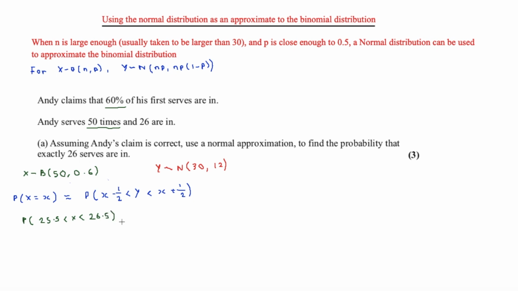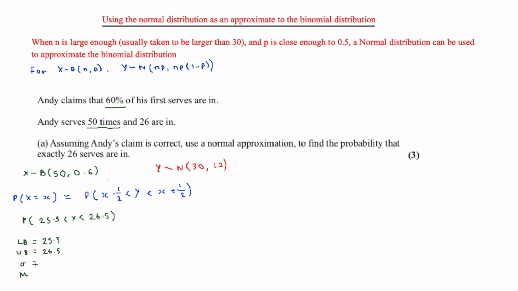So now we have that, we can use normal CD to use our lower bound, our upper bound, our standard deviation, and our mean in order to find our probability. Our lower bound is going to be 25.5, our upper bound is going to be 26.5.